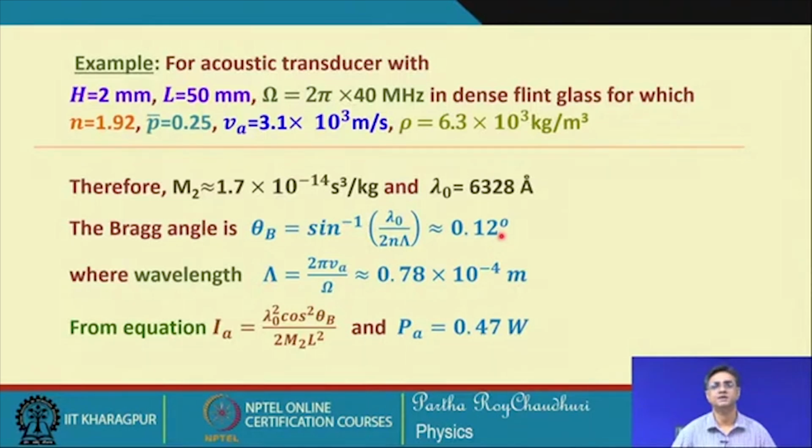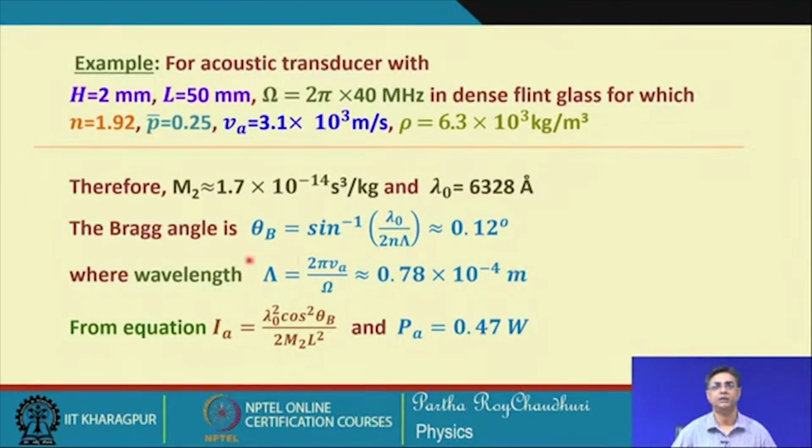So it is almost a grazing angle, close to the x axis. Using this Bragg angle in this equation, the wavelength of the acoustic wave with this data can be calculated as 0.78 into 10 power minus 4 meter.